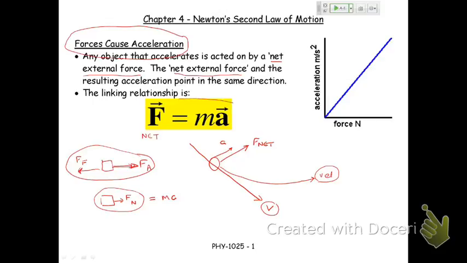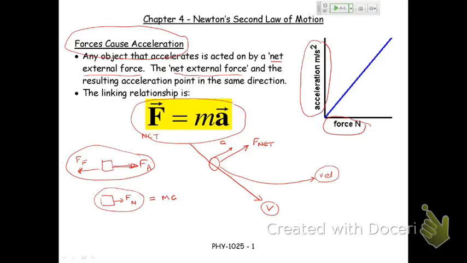This is F equals ma. Newton actually didn't write F equals ma. He had a more complicated version of it to do with momentum, but what he wrote boils down to F equals ma. And so if I plot, let's have a look. My force is F, and my acceleration is here.